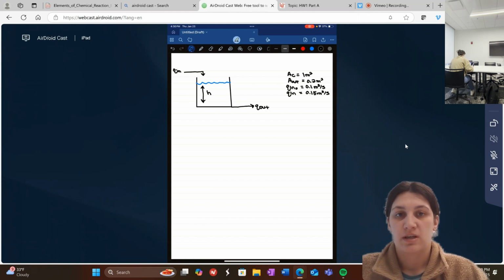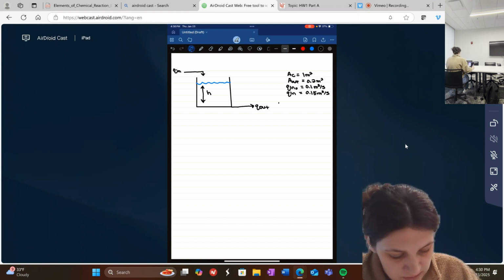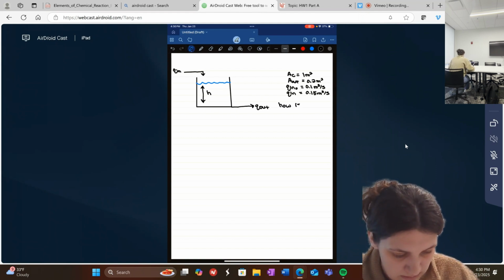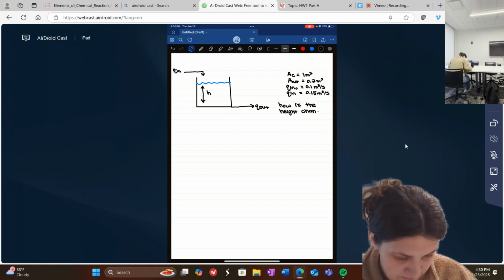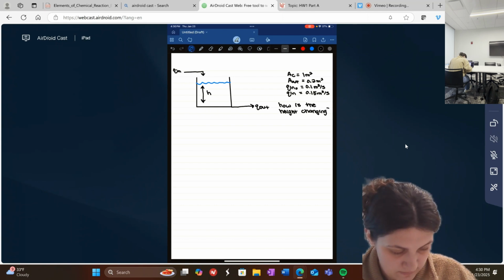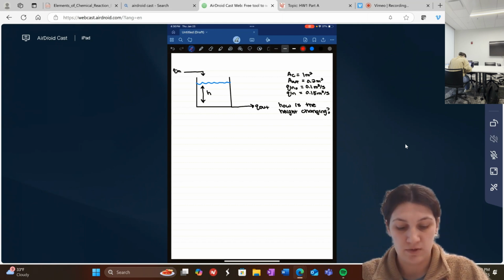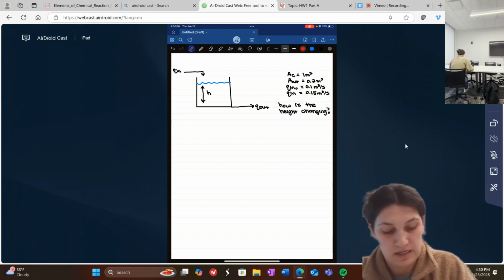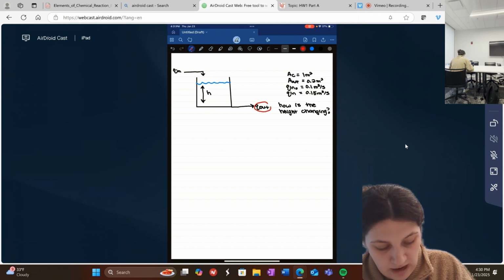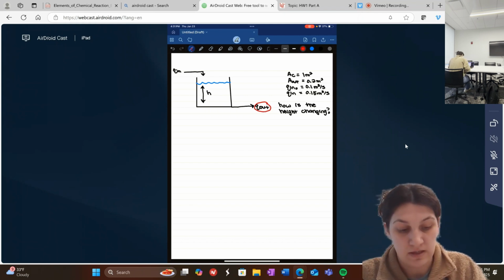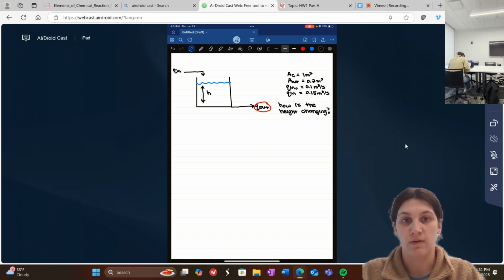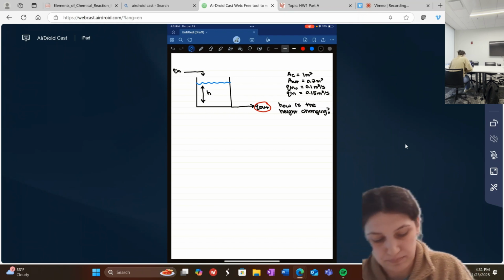And the question that we're being asked here is, how is the height changing? The first thing that stands out is that we have two unknowns. We don't know the height, and we don't know what this Q out is. Since we're looking for the height, we first need to find this Q out value.